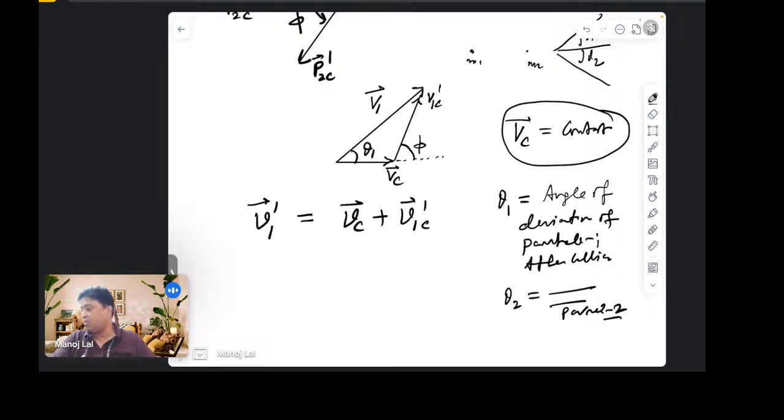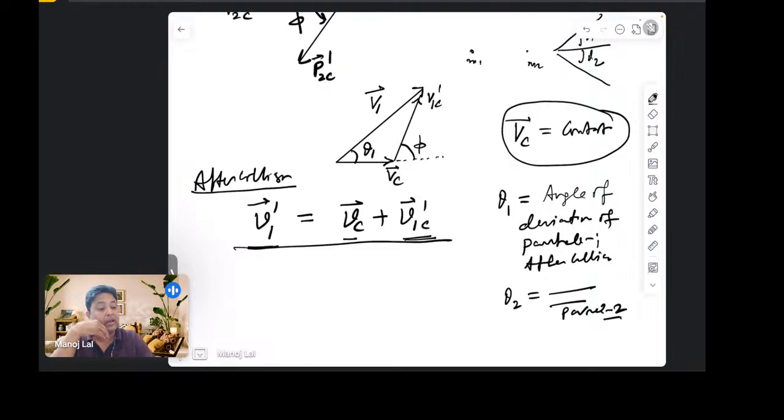All right. So now we can relate: V1 dash is the velocity in the lab frame, this is the velocity of the center of mass, and this is the velocity of particle 1 in the center of mass frame after collision. After collision only there is scattering and deviation. So this is what we relate after collision, right?